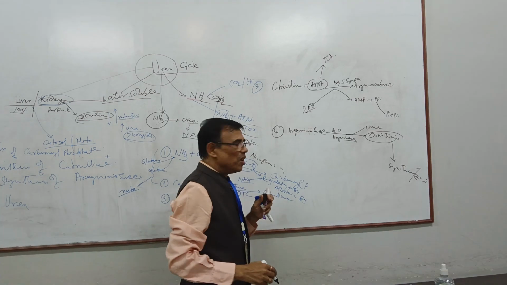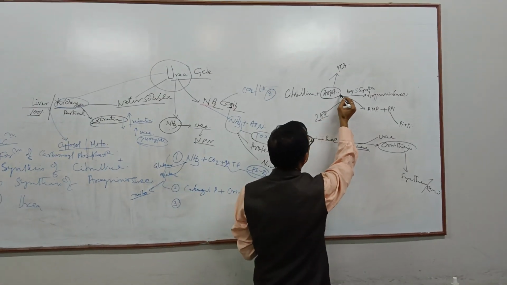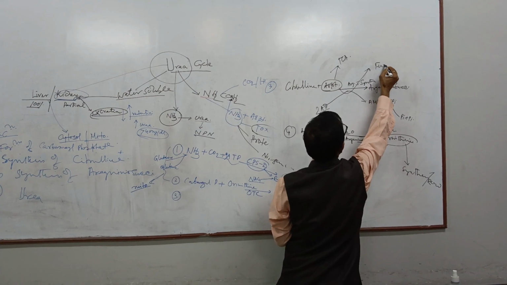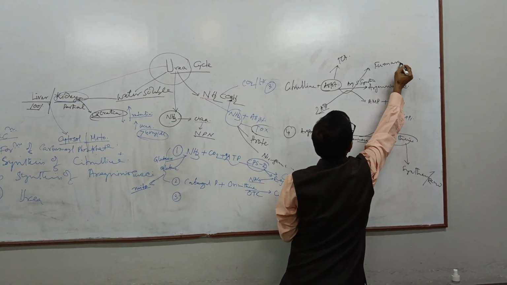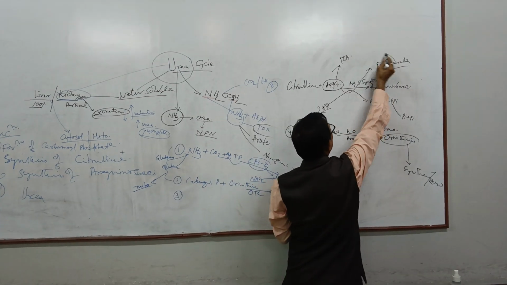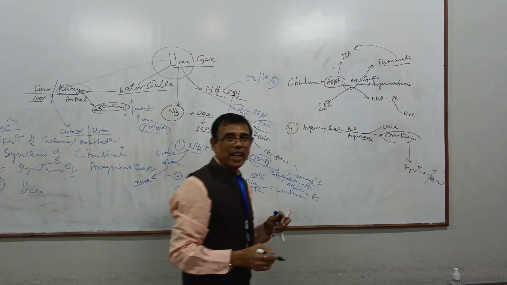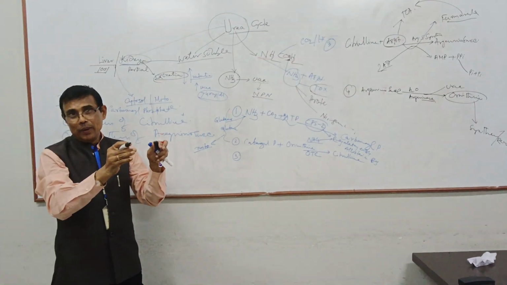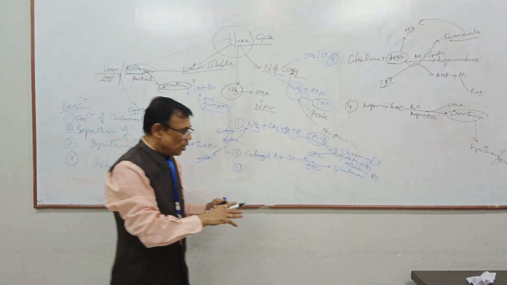When the aspartate is used, fumaric acid, fumarate, will leave, and that fumarate will enter into the TCA cycle. So this is the connection between these two cycles.